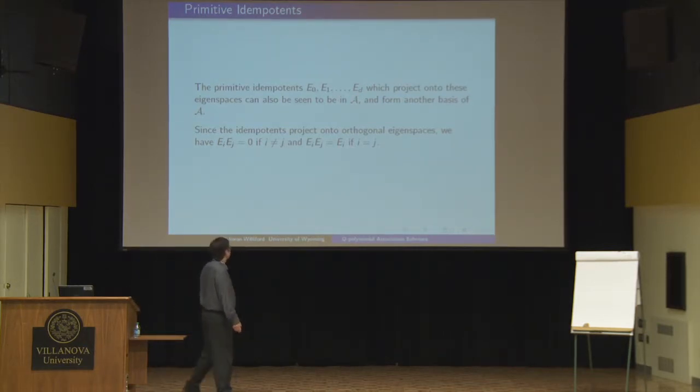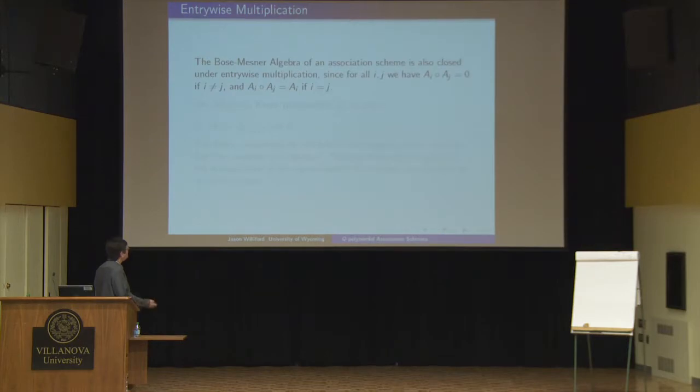So now we have two bases of the Bose-Mesner algebra. And this part really surprised me the first time I saw it, even though it's really obvious, is that actually if you just take entry-wise products of these AIs, otherwise known as Schur multiplication, well, obviously you're going to get either AI or 0 back again.